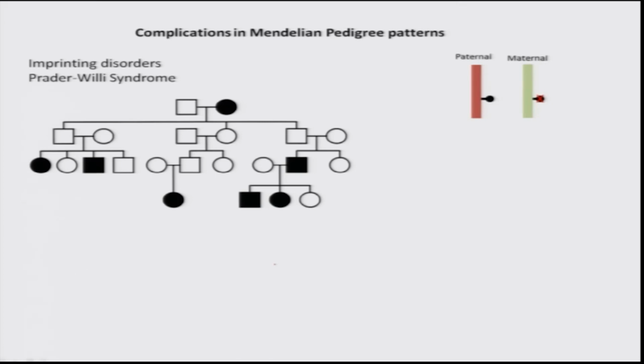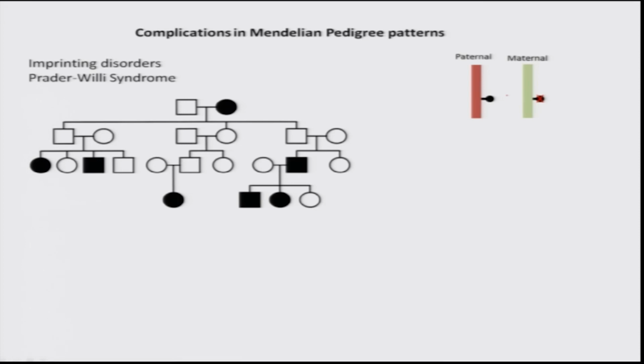As you can see here, you have a gene that is present in both the maternal and paternal chromosomes, and what is shown here is that, for example, if you look at this lollipop, assuming this is a gene, this gene is expressed only when it is located on the paternal copy. The one that is located on the maternal chromosome is silenced. In some other genes it is the reverse, that is the opposite.